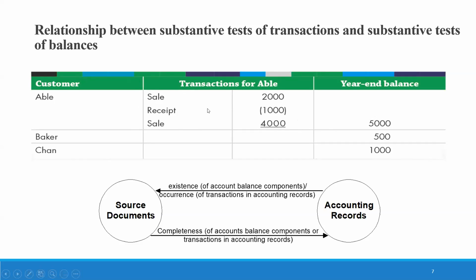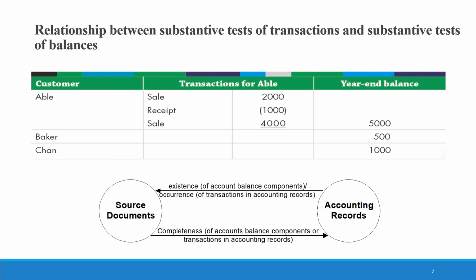So here, what we mean is sometimes the test of balance could have some particular way to get the evidence, but sometimes if you couldn't get direct evidence for the balance, you can always think about an alternative way to get evidence for those related transactions.